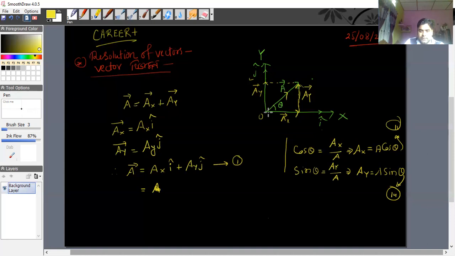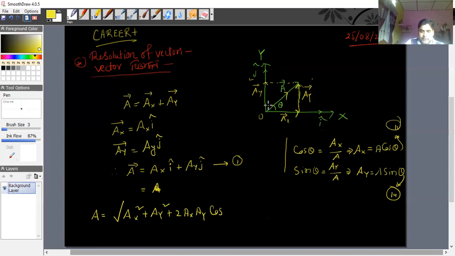Now using the parallelogram law of vector addition, the magnitude of vector A is root over AX square plus AY square plus twice AX AY cos theta.